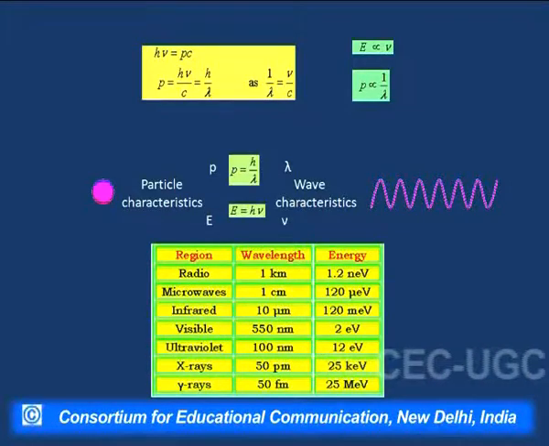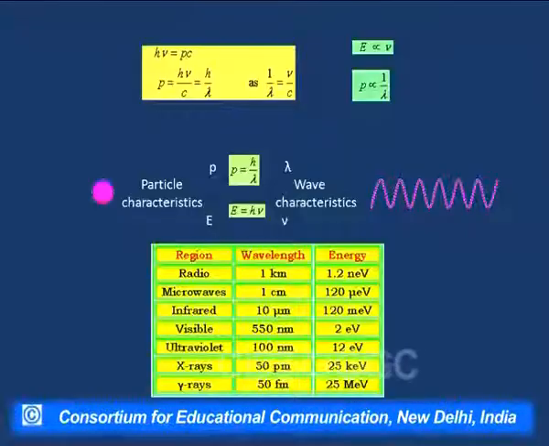Then infrared, which is 10 micrometer, and the energy is 120 milli electron volt. Then visible, 550 nanometer, with energy about 2 electron volt. Ultraviolet is 100 nanometer, and the energy is 12 electron volt.